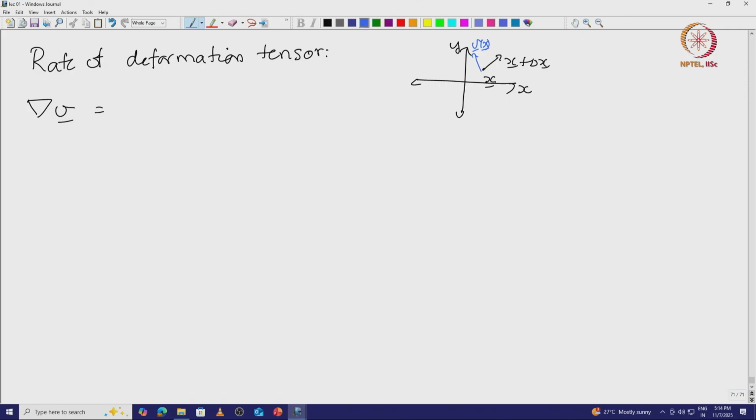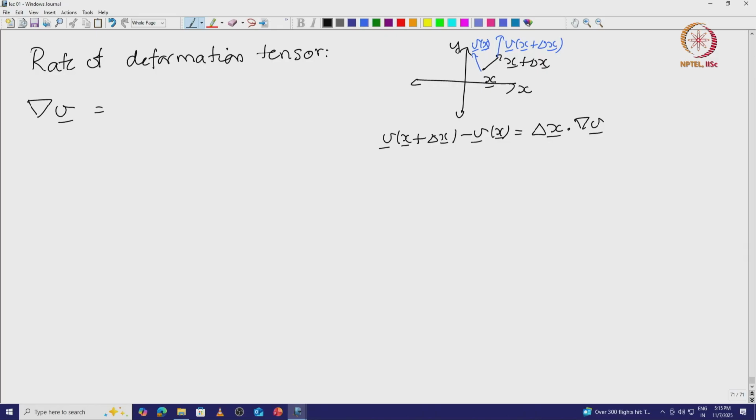The fluid velocity at this nearby location x plus delta x is v at x plus delta x, and grad v is defined such that v at x plus delta x minus v at x, the difference between two vectors, is equal to delta x dotted with grad v.